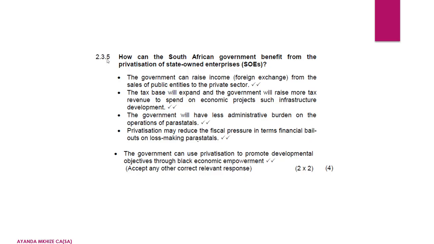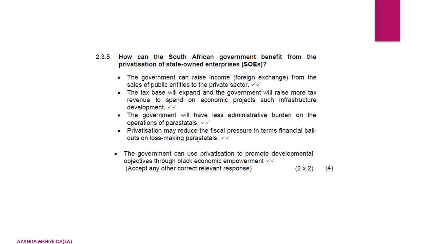2.3.5, how can the South African government benefit from the privatization of the state-owned enterprises? And I did discuss with you privatization, and basically it is when government sells a portion of their company, and I made an example of Eskom to say 40% is sold out to a private company that has expertise in energy production.